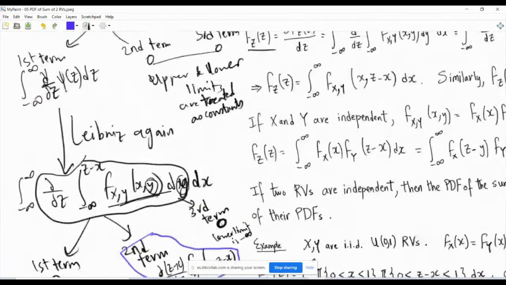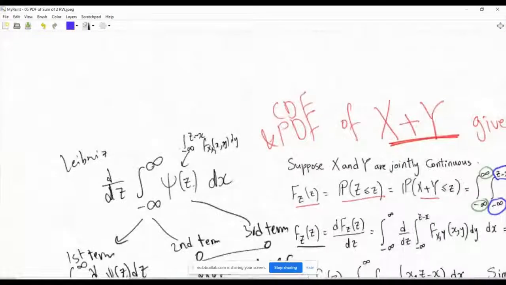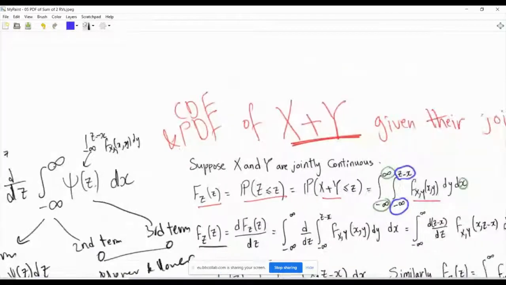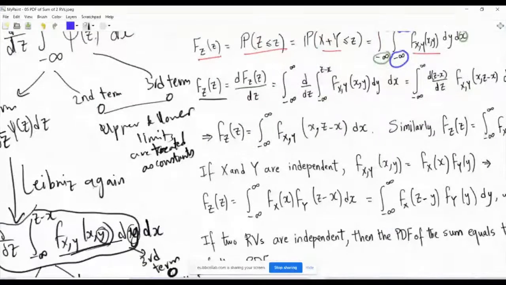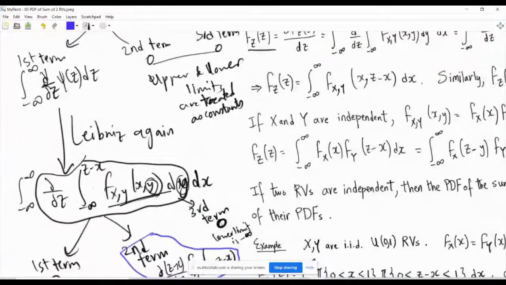Again, if you apply Leibniz in slow motion, maybe when I wrote it here and in the notes you'll find that I did it in one step, in one line. But if you want to do things in slow motion, because we have a double integral, you do it twice. You can imagine that the second integral is just a function. Apply Leibniz, differentiate whatever is inside, and then apply Leibniz again.